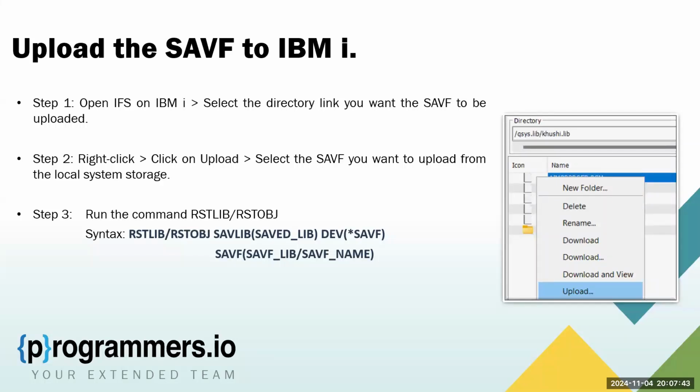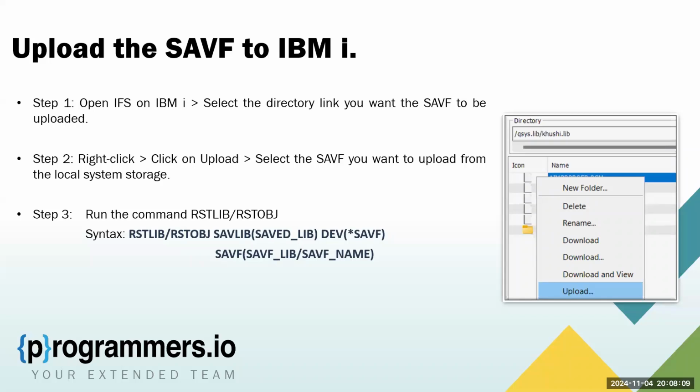Of course, we have to first select the directory where we wish to upload it. Then we click on the upload option and select the local storage location from which we wish to upload the save file. After that, the upload process will begin, and once done, the save file will be uploaded to your IBM i system.